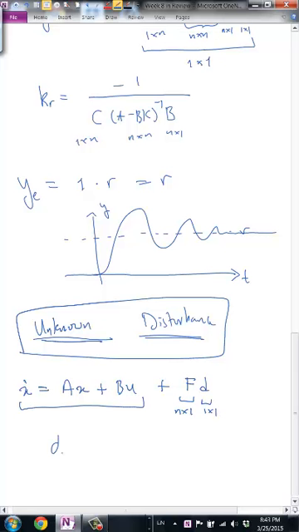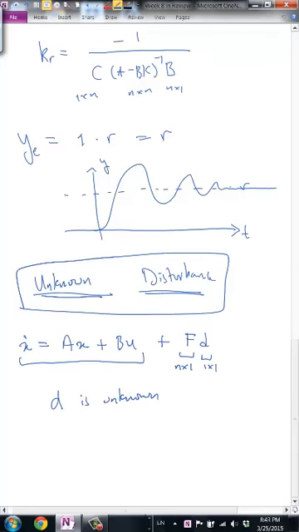The idea is that d is unknown. Now, is there any hope that we could deal with such a disturbance for any function d? No, that's much too much to ask. So what we'll ask is resilience to a disturbance. This is called disturbance rejection.